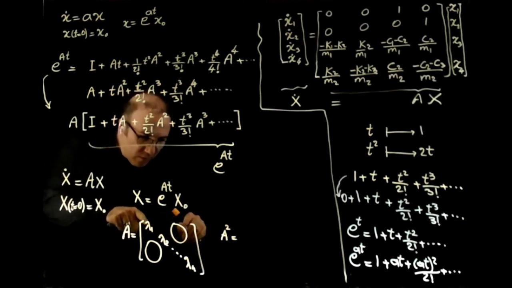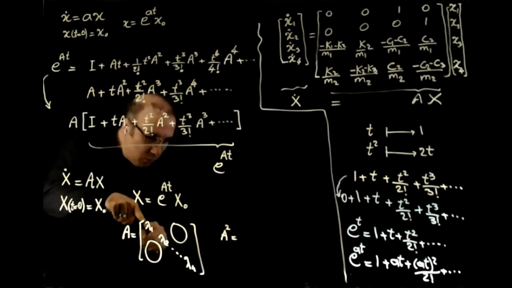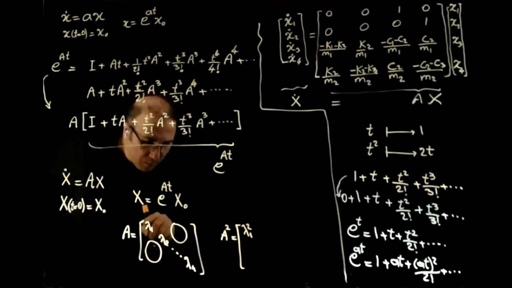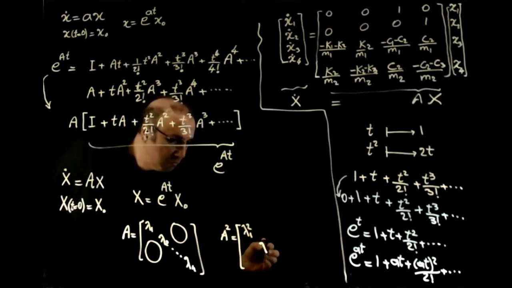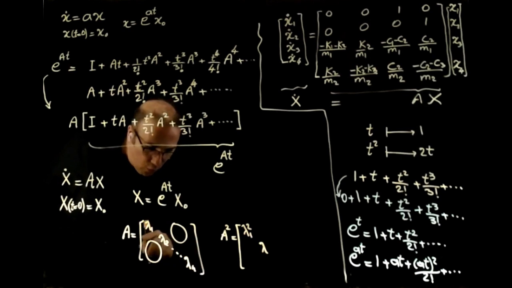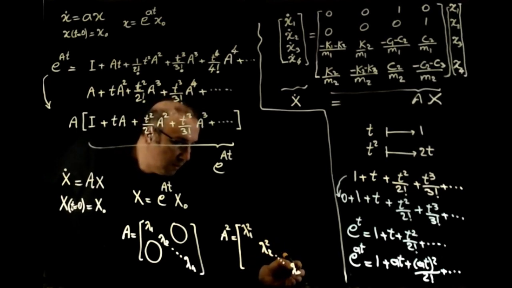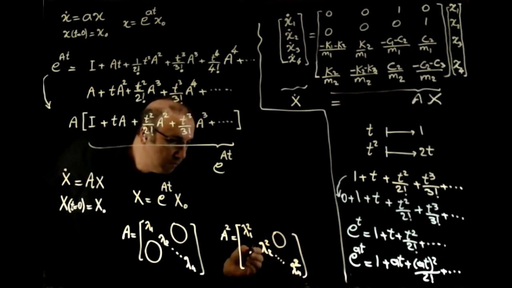You see this times this would be just lambda 1 squared. Then the rest are 0. So in the second row, the only thing remaining non-zero would be lambda 2 to the power of 2, and we would have all the way until lambda n to the power of 2, and a bunch of zeros here.